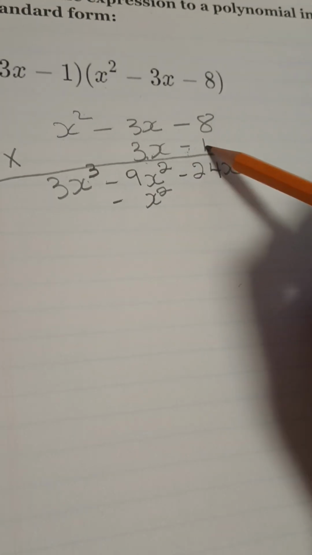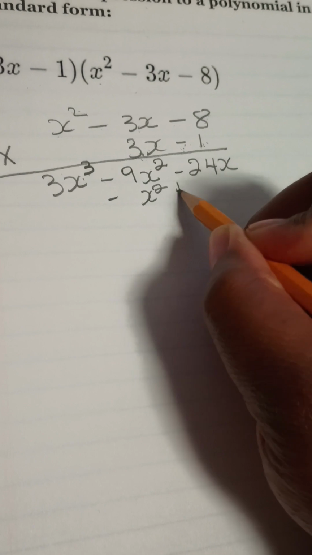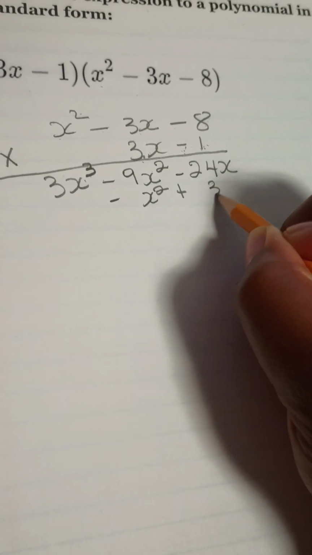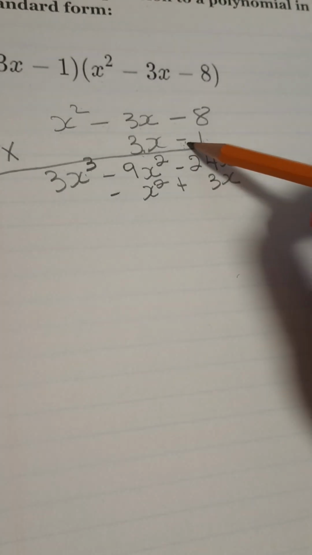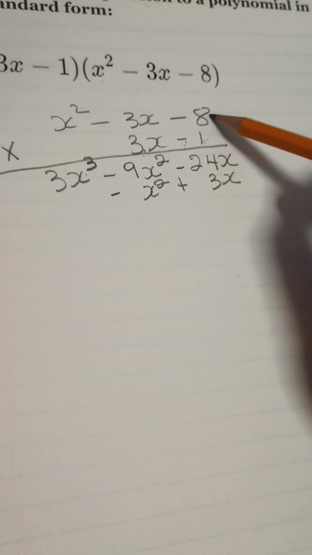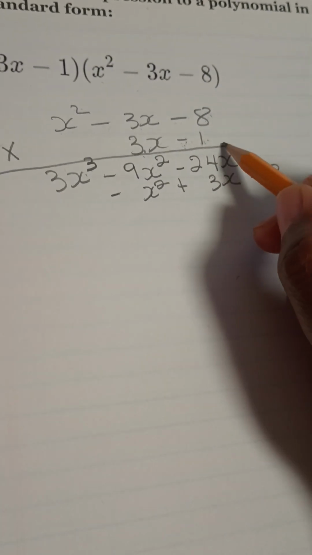And I have my negative 1 times my negative 3x, which is going to give me positive 3x, because a negative times a negative is a positive. Now I have my negative 1 multiplied by my negative 8, which is going to give me a positive 8.